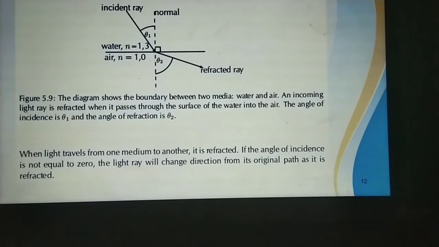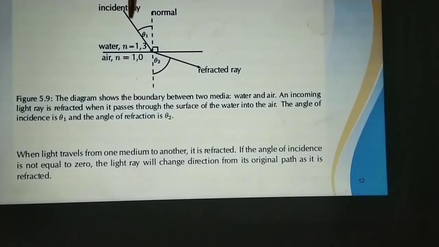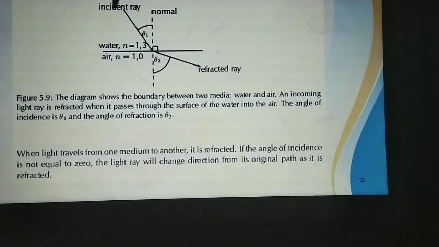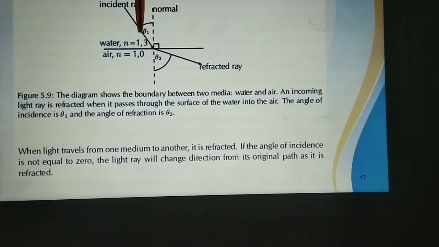So now we'll learn this more with a diagram. Here you do have what is known as the incident ray. This is the incoming light. Then here you do have your normal line. Remember, we are dealing with refraction. In this case, the light strikes here, not perpendicular to the surface.